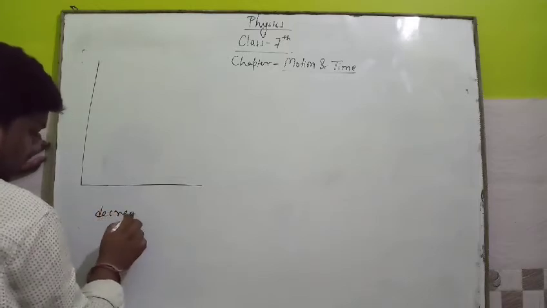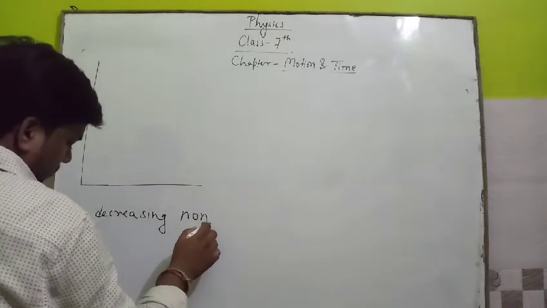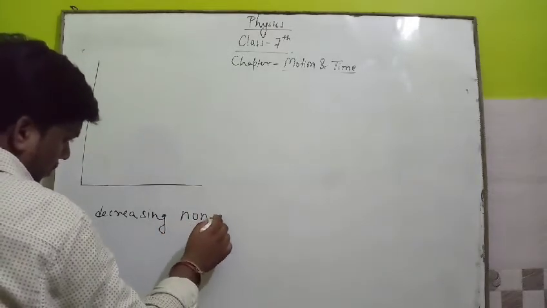This is the graph for decreasing non-uniform motion.